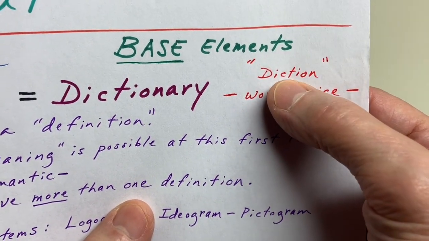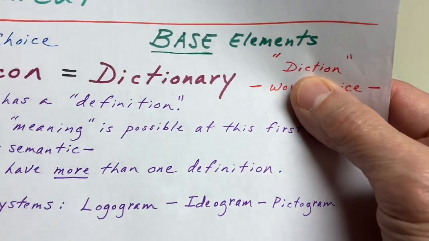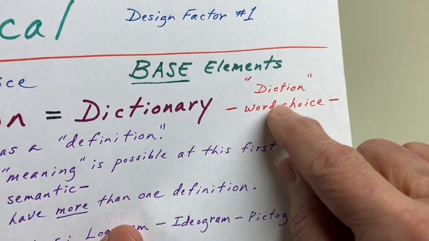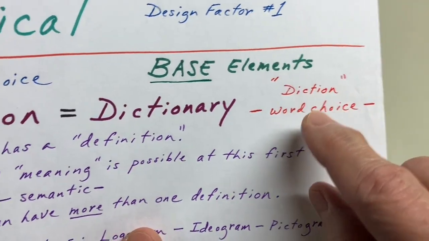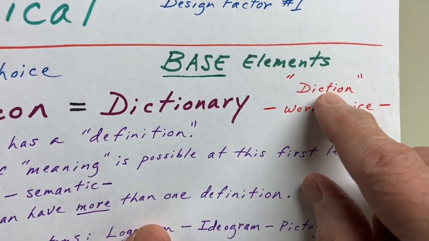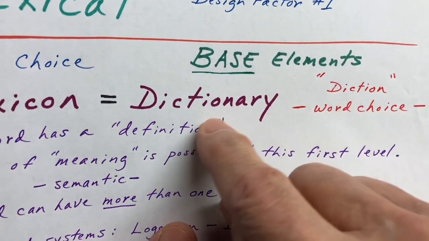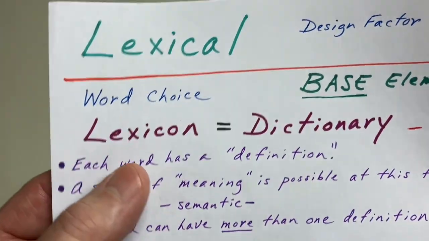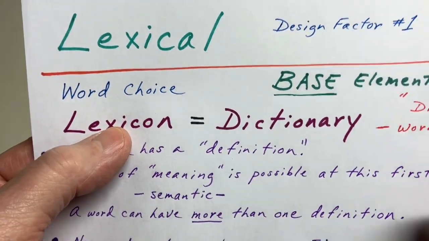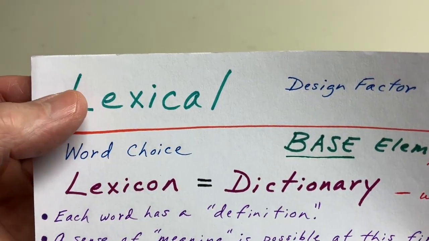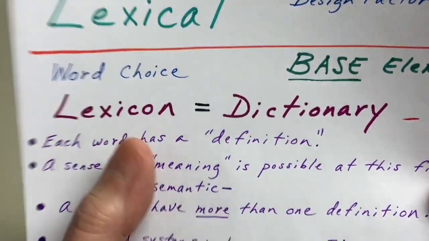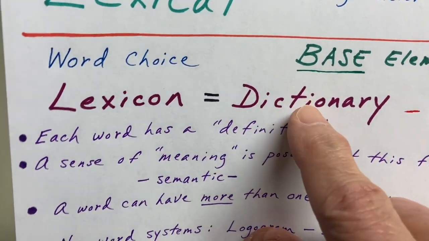But now they use that usually to refer to the way people enunciate and the way they talk. And that's why we have different accents in different parts of our country. But anyway, the point is, word choice used to be the word diction, and that's why we have the word dictionary. That's where you get your words. But a dictionary is also called a lexicon, and that's where we get our word lexical, okay? Word choice. So a lexicon and a dictionary are almost the same.